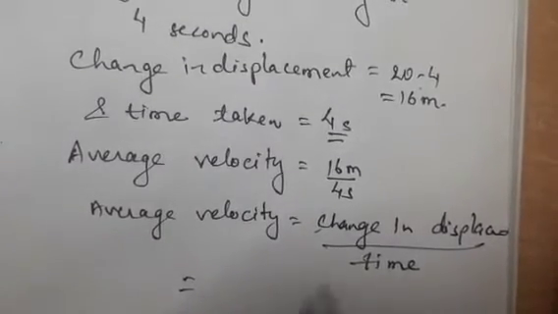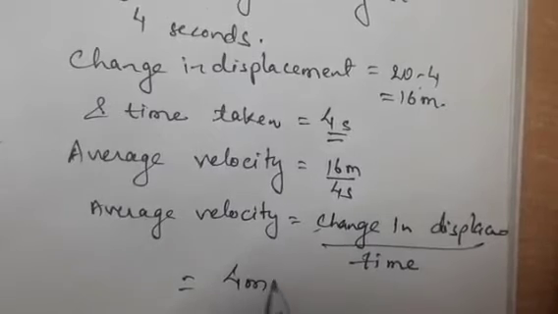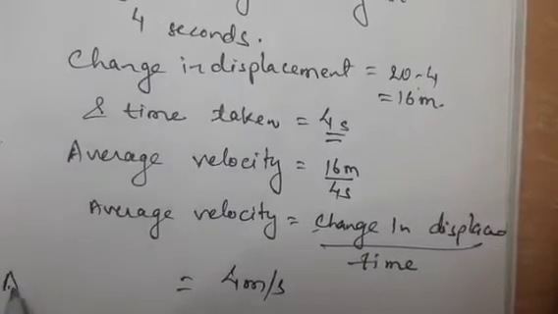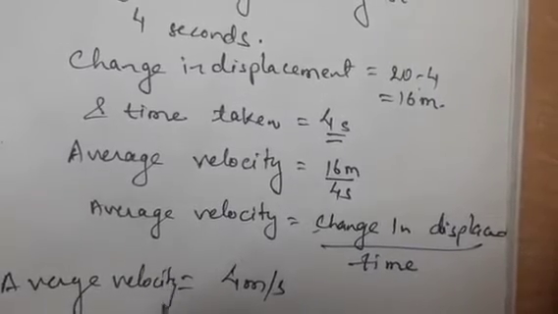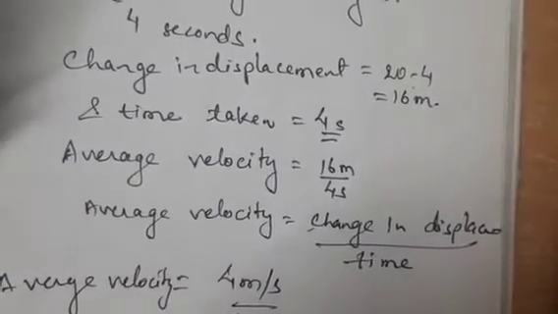Now it is here 4 meter per second. Average velocity is 4 meter per second.